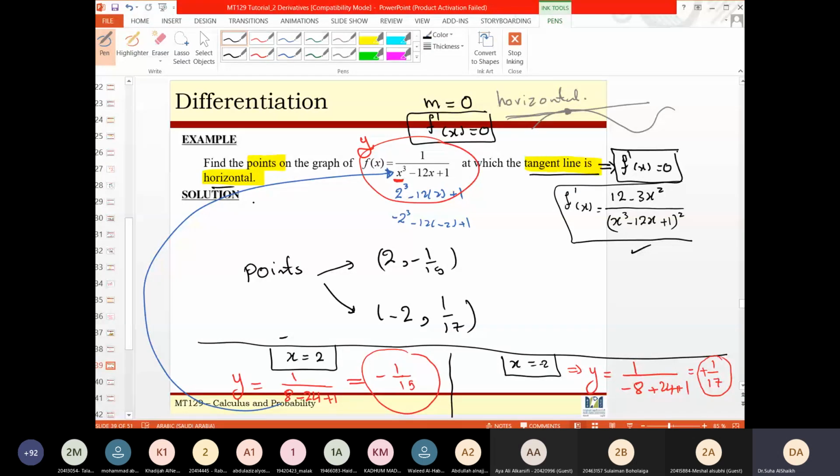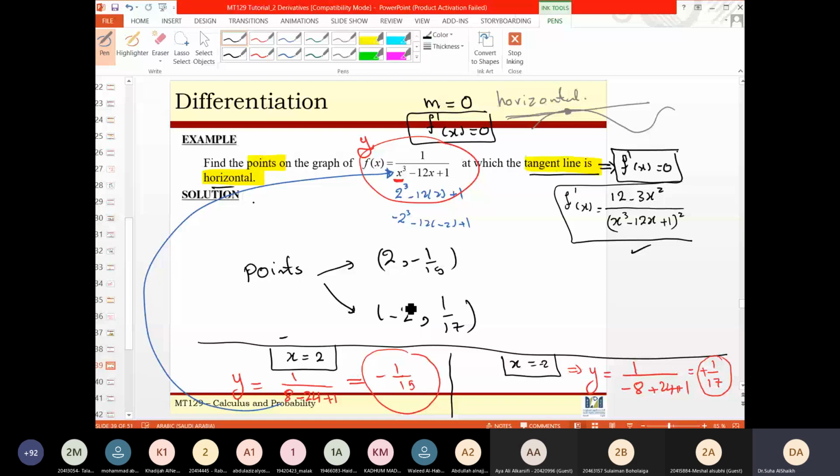Okay? So you can see how we are mixing the things now. These are things from chapter 0: we set the function equal to 0, we find the zero of the function from the first chapter. And the new thing is that we have a derivative. So we find the derivative, step 1. Step 2, we make the derivative equal to 0 and we solve it like we did in chapter 1.